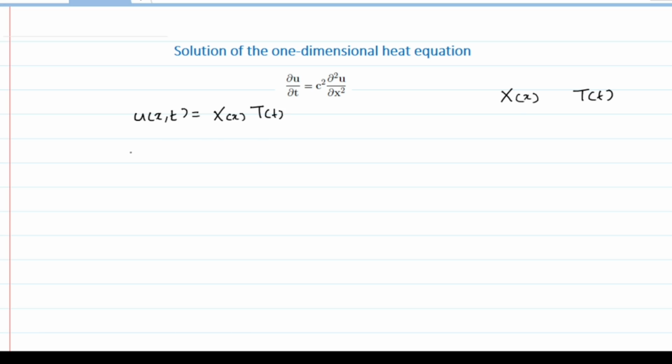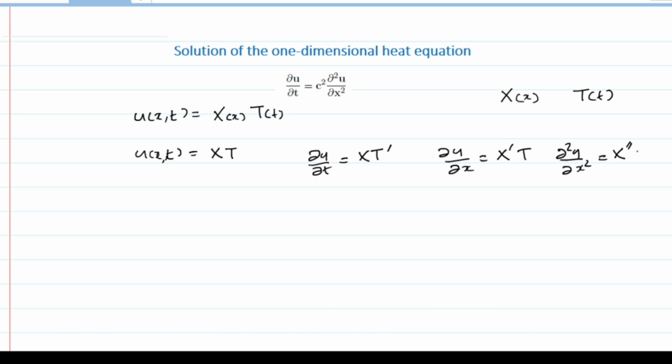That is, u(x,t) equals capital X T. From this we can find ∂u/∂t is equal to X T dash, ∂u/∂x is equal to X dash T, and ∂²u/∂x² is equal to X double dash T. So we can substitute this in the one-dimensional heat equation.